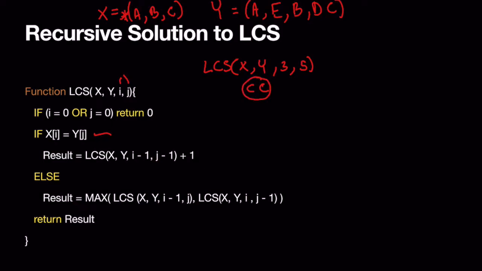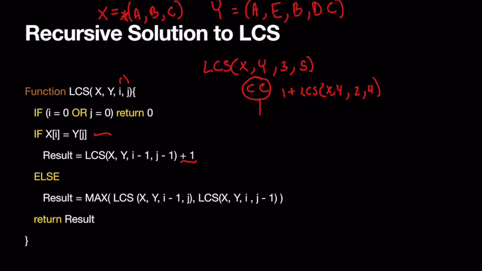We will enter this if branch and compute the LCS of i-1 and j-1. And since they're equal, we will be adding 1. So 1 plus LCS of x comma y with 2 and 4 as our indexes.